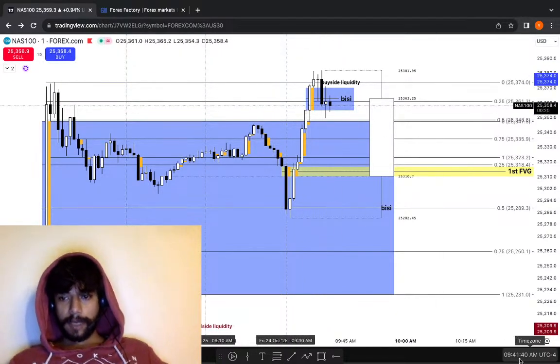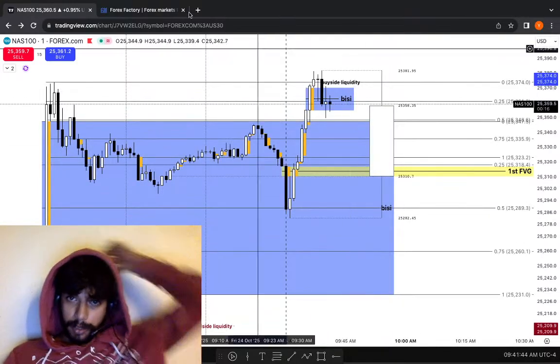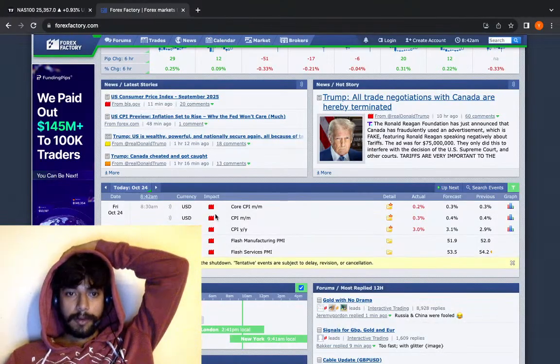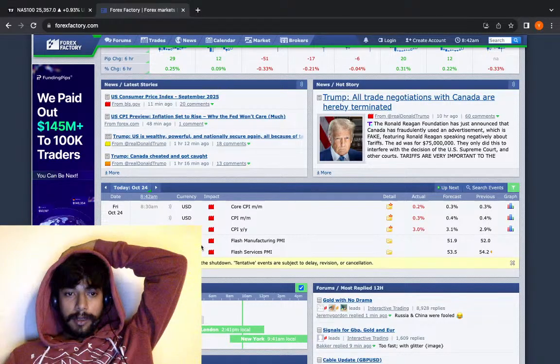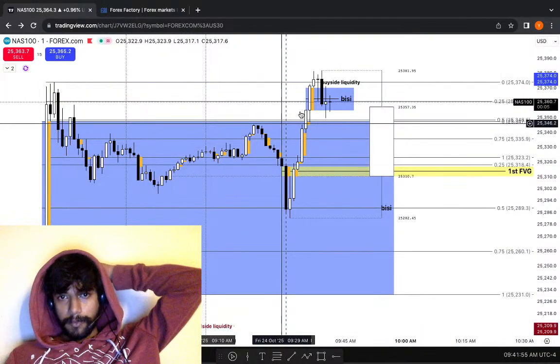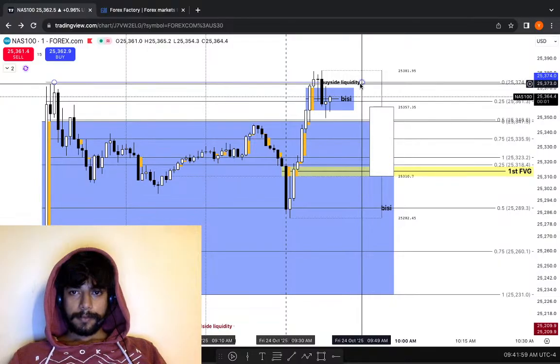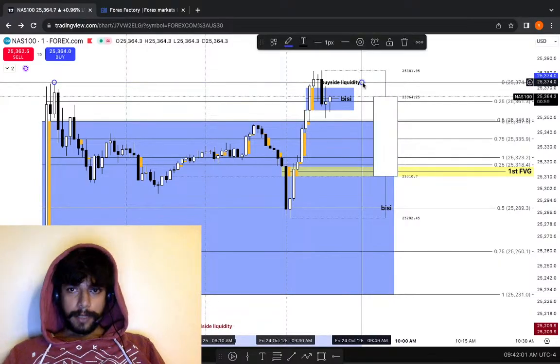And yes, guys, we have a high impact news at 9:45. So don't forget that we have a high impact news at 9:45, and I don't care about the numbers, but how they are going to manipulate it. So it's better to wait it out now.